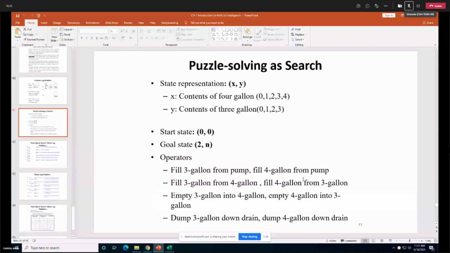The possible values of X can be 0, 1, 2, 3 and 4. The possible values for Y, the 3-gallon jug, that is the amount of water we can store in it, are 0, 1, 2 and 3. At max you can store 3 gallons of water in jug Y.